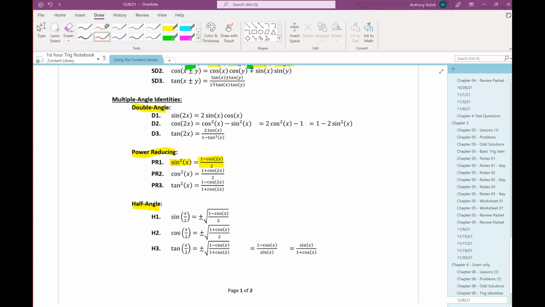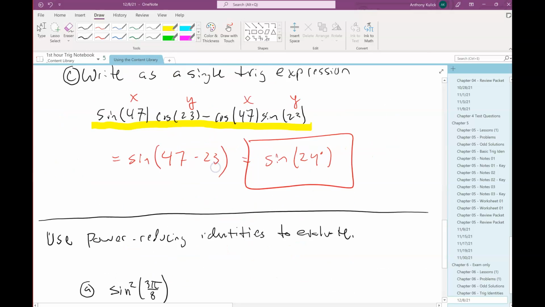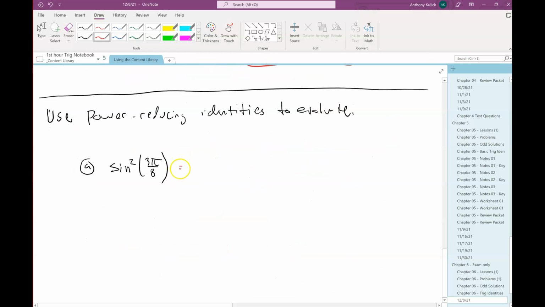Everybody good? Okay. So this is going to be 1 minus cosine of 2 times x, which is 3 pi over 8, all over 2.